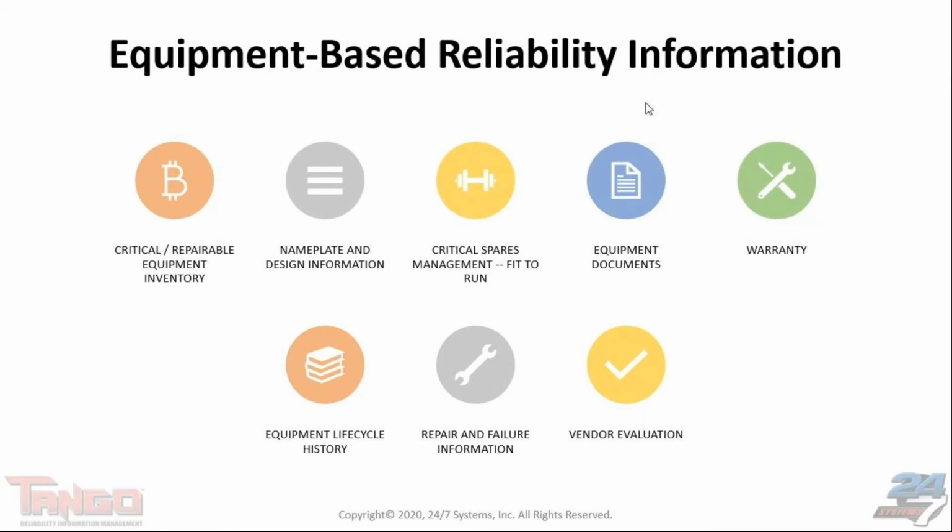You're looking beyond the nameplate and design information to being able to compare: what's my overall inventory? How do I look at these individuals and find critical spares that have replacements that are available in case I do have an unexpected outage? I'm going to be tracking equipment documents that are very specific to that individual.